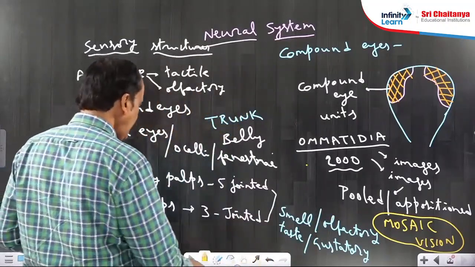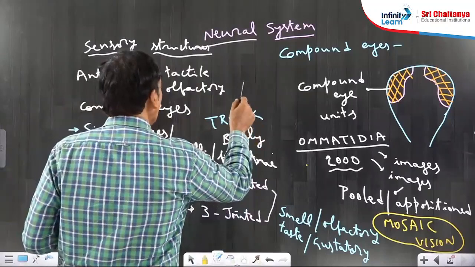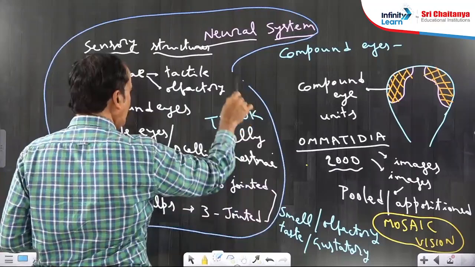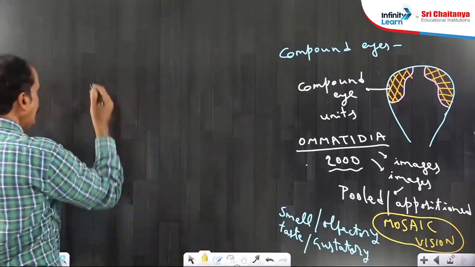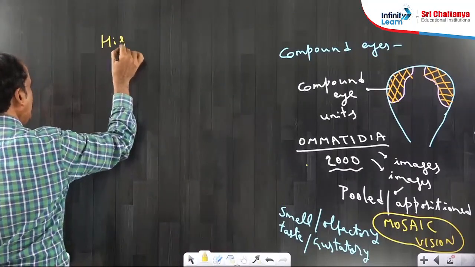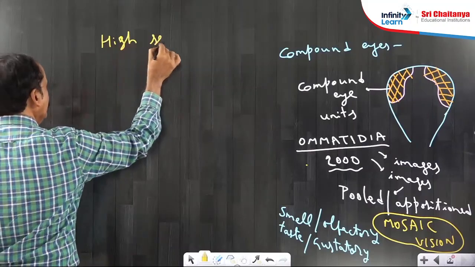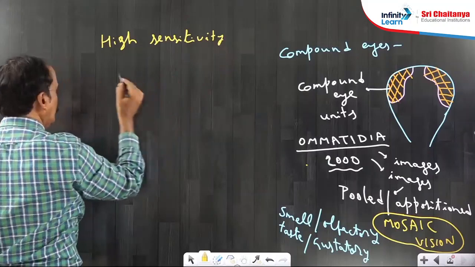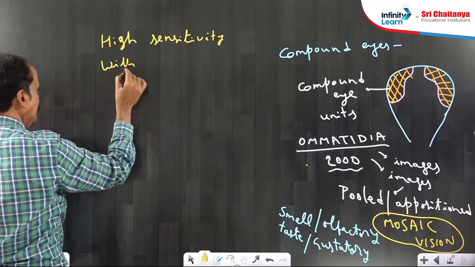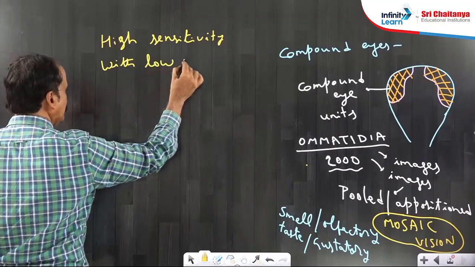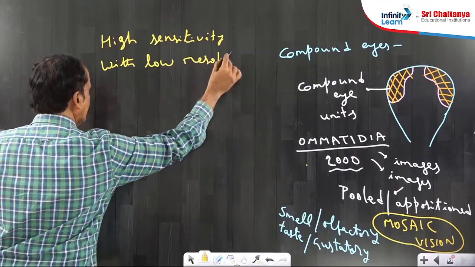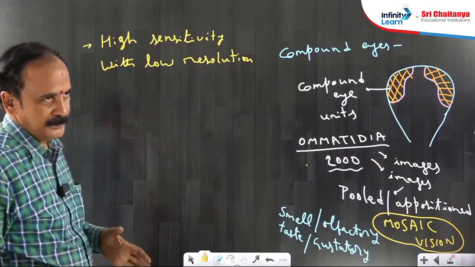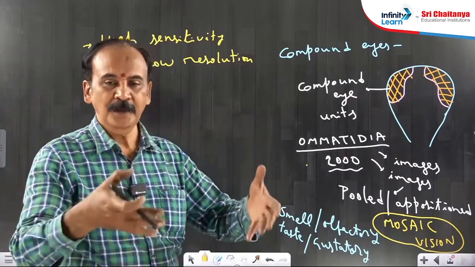This vision is highly sensitive, right? Cockroach has a vision with high sensitivity but with low resolution. This you need to remember. Cockroach can detect even the small movements in your body.